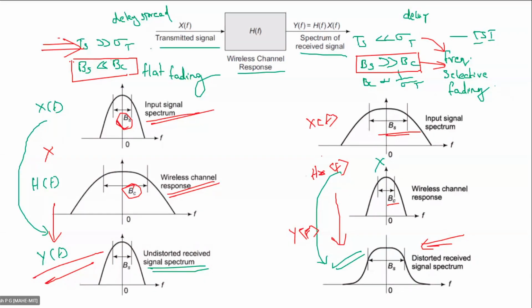Comparing x of f and y of f on the left side, you can easily understand that there is no distortion. But in a frequency selective fading channel, on the right, there is a considerable amount of distortion. And why is it so? It is because of lesser coherence bandwidth and higher delay spread. Because of that, we have some kind of distortion, and the name of that distortion is ISI, that is, inter-symbol interference. Is it clear?